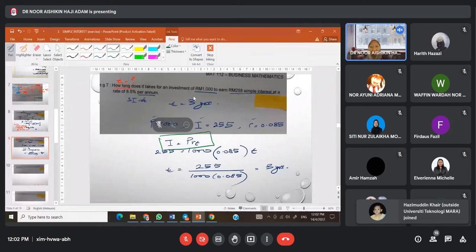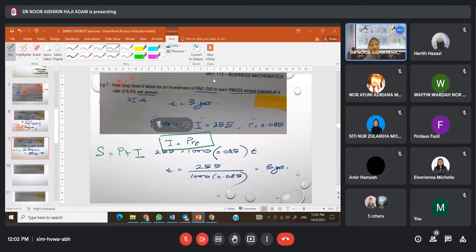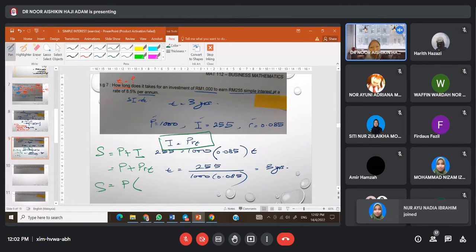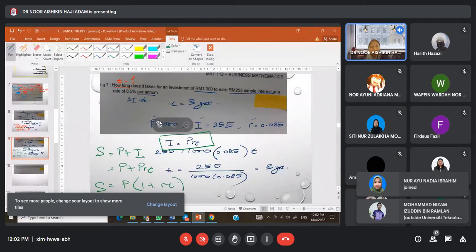The formula I introduced to you is I equals PRT, and the other formula is for finding S, the accumulated amount or the maturity value, and that is P plus I. If you know the interest amount, add that to the principal, you can easily get S. Or since I equals PRT, we can factor out P: P plus PRT, factor out P. So your formula now becomes S equals P times 1 plus RT.